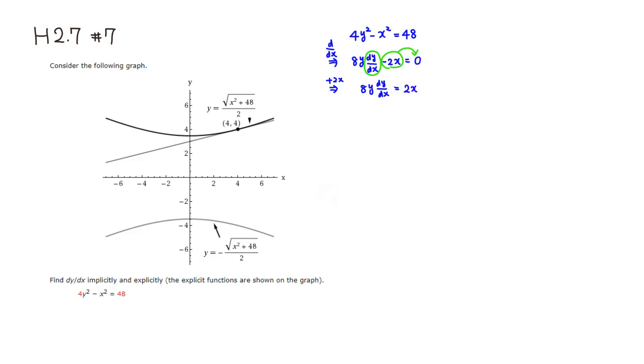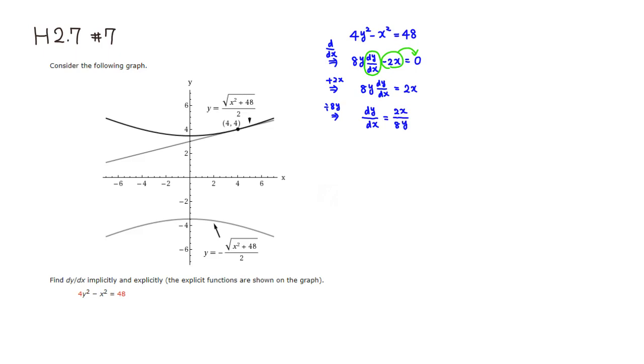Then we need to divide through by 8y so that we can isolate dy over dx. So dy over dx is equal to the 2x that was already on the right, divided by 8y.